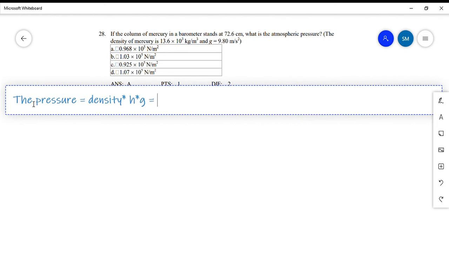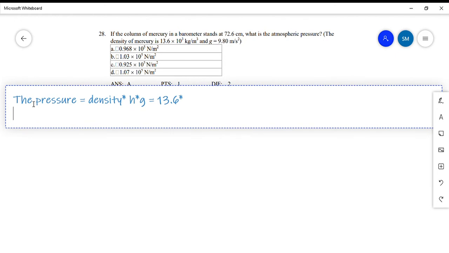The density he gives us in the question is 13.16 times the height. He gives us the height in centimeters, so the height is equal to 72.6 centimeter, which is equal to 7.26 meter.